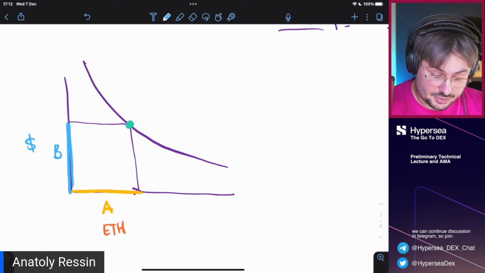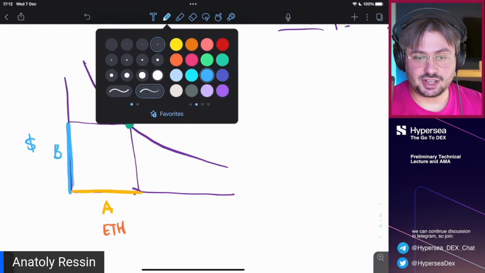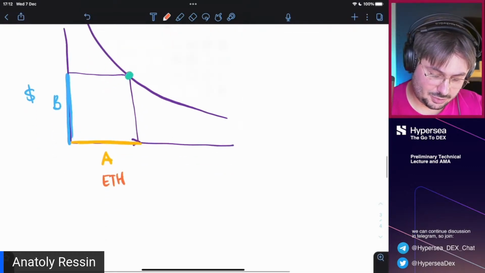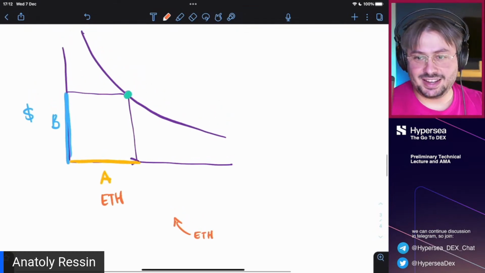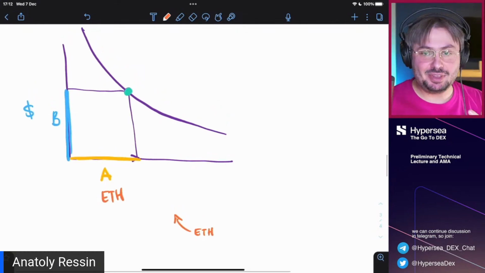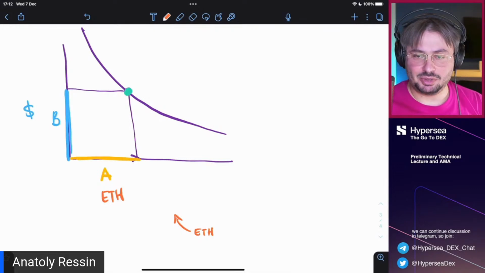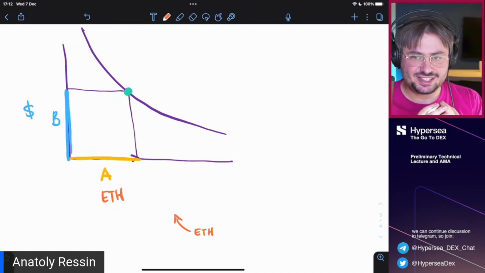So if you want to sell some Ethereum to the exchange, it means that now we don't say that somebody buys your Ethereum when you sell. The exchange just buys. In automatic market makers you are selling to the exchange.